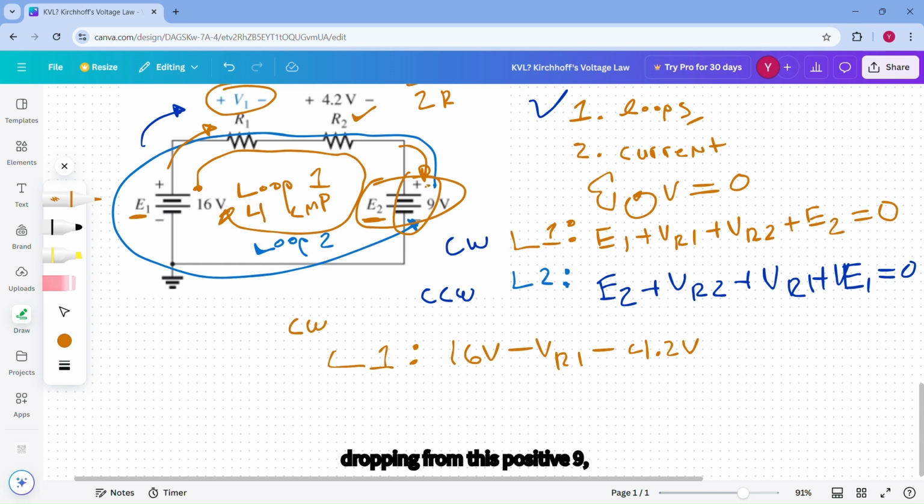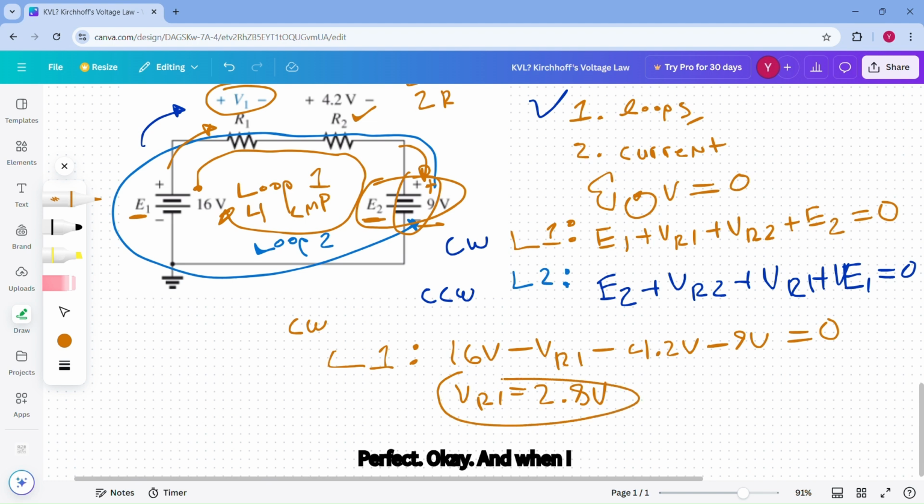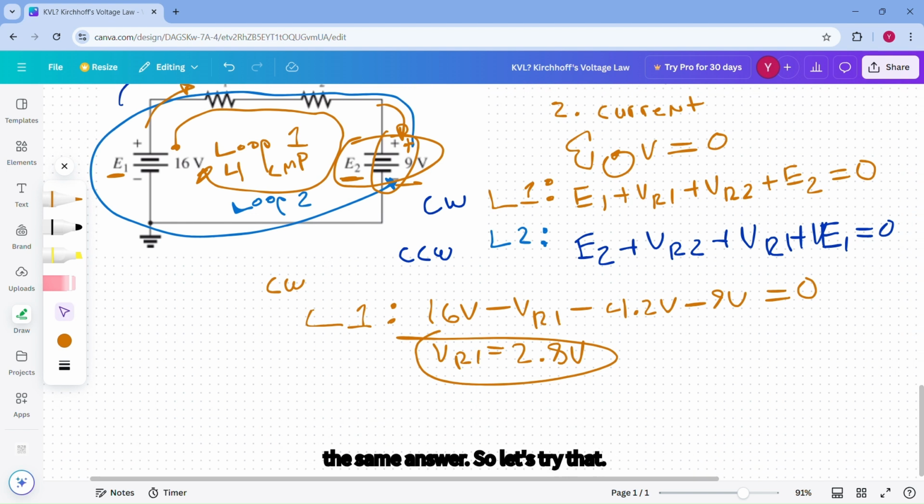I'm dropping from this positive 9 to below 9, minus. So I'm going to say minus 9 volts equals 0. Okay? 16 volts minus 9, and then minus my 4.2. The answer I should get is 2.8 volts, and this answer is VR1. Perfect.